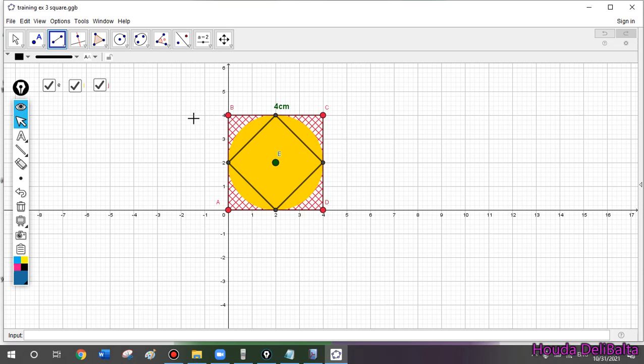To prove it a square, I have to think what I should use. I have to use either diagonals that should be perpendicular, equal, and bisect each other, or I have to use sides, all the sides are equal, and there is a right vertex here.